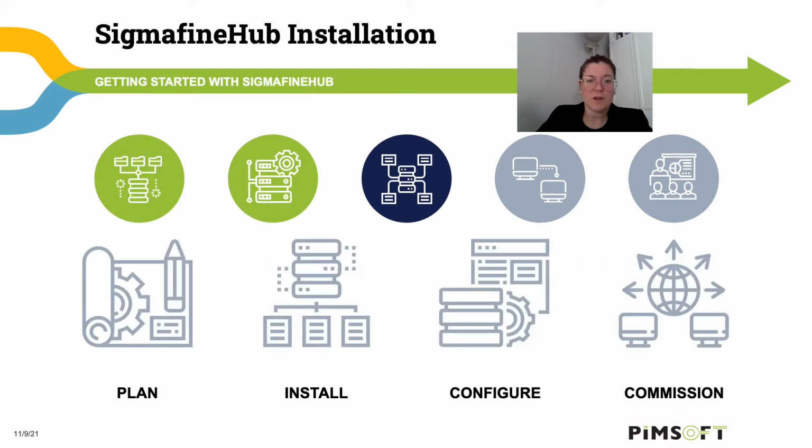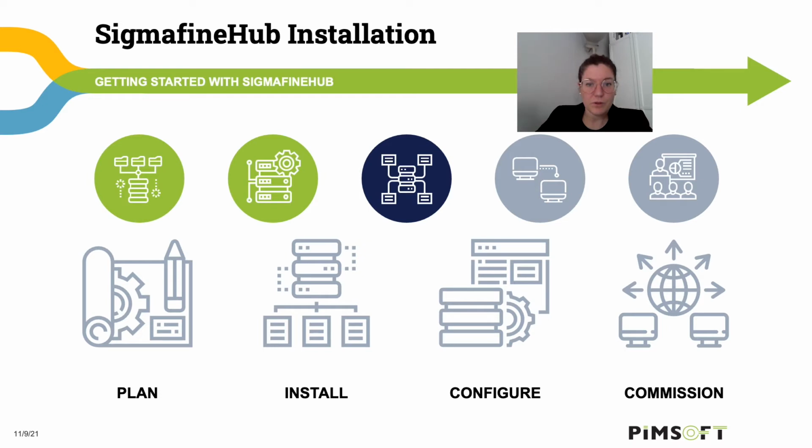In order to describe the Sigmafine Hub installation process, we divide it into a sequence of 4 phases: the planning, the installation, the configuration of the parameters, and the commission of Sigmafine Hub, testing and verifying the final system. In the plan phase, a pre-installation assessment will be made, and the system must be prepared for the next step.